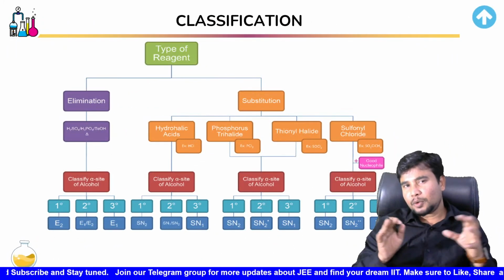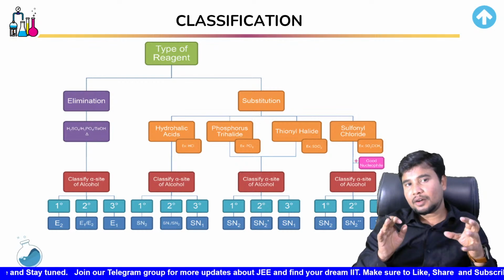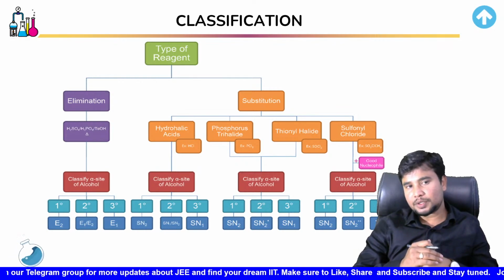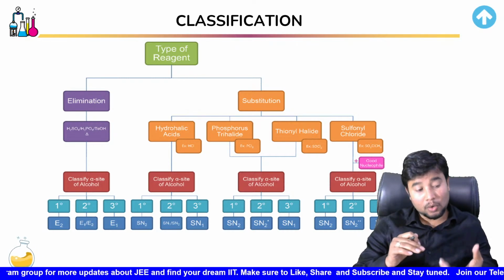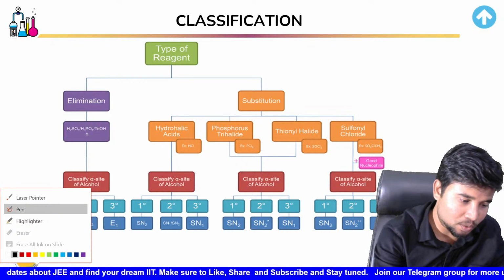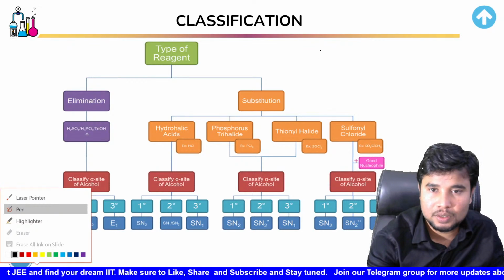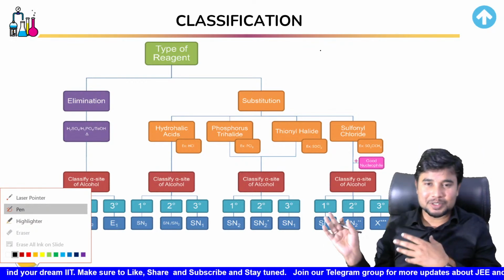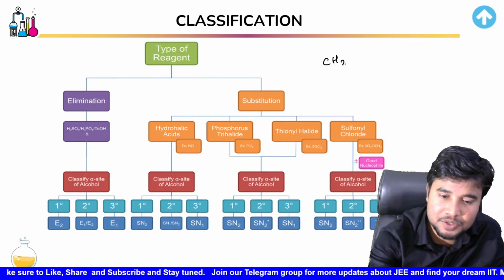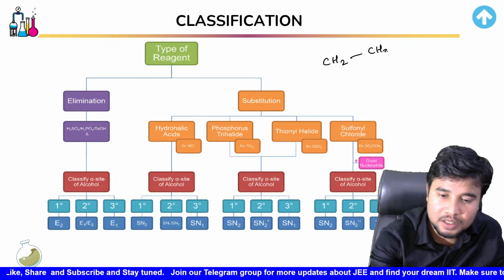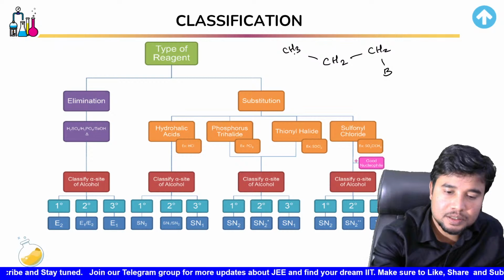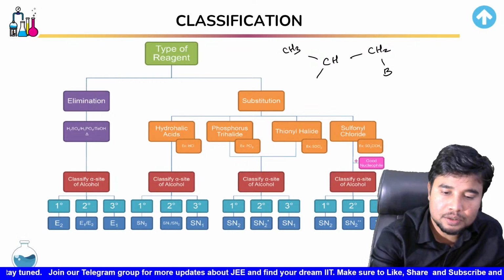Now, depending upon the type of reagent you have, you may have an elimination reaction or a substitution reaction in alcohol or in the preparation of alcohol. I'll just show you that again. What is this whole thing and why do you have such a long number of options here? Just observe that you have CH2Br, and you take up another CH3 over here, remove a hydrogen.